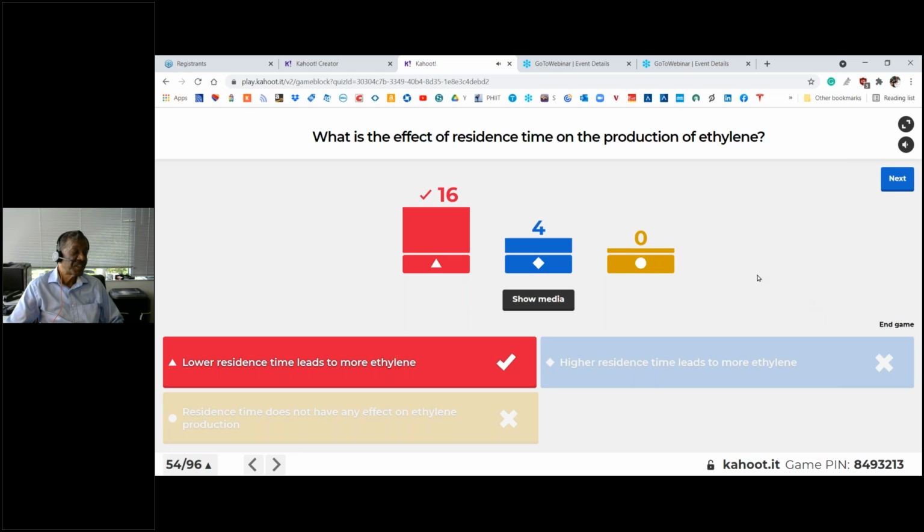Low residence time, yes, low residence time leads to formation of more ethylene. And also, low residence time has helped us in reducing the size of furnaces or reducing the size of the coils.